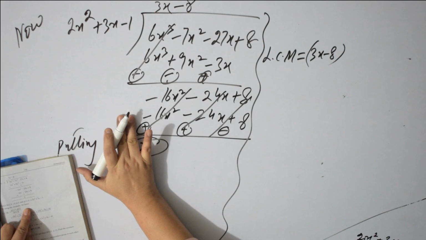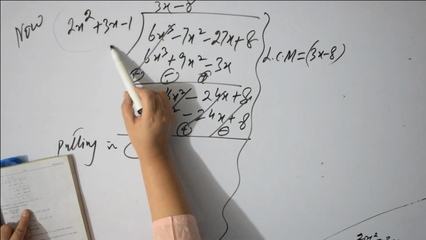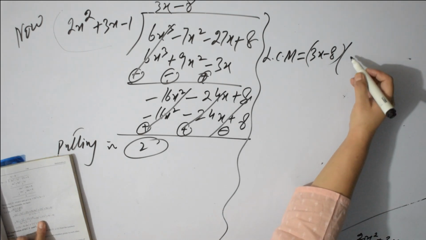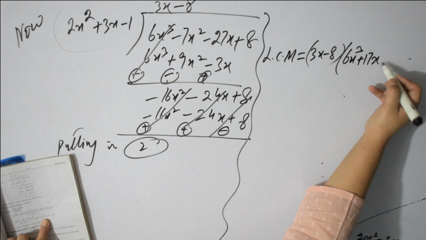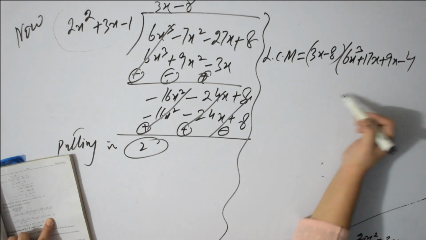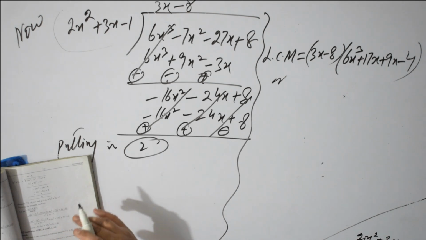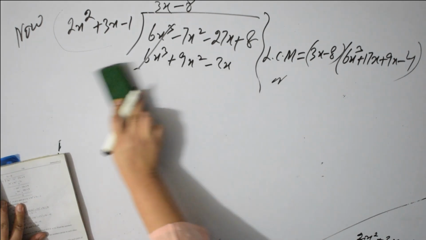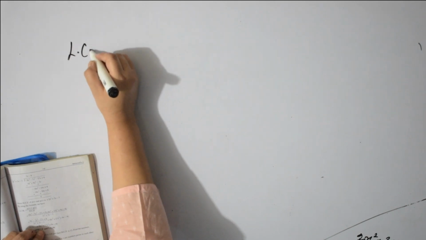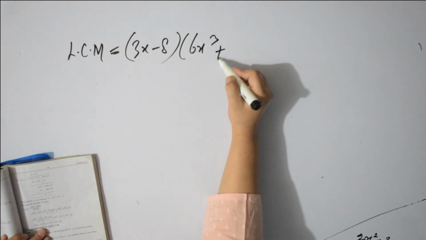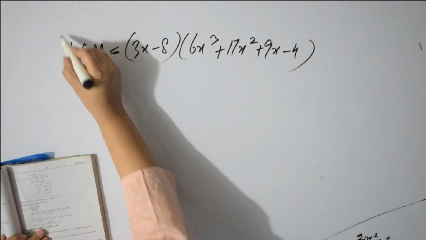Remember students, I am just dividing, I am not finding HCF. In HCF you have this, but in division you have this as a quotient. 3x minus 8 and my other polynomial was 6x cube plus 17x square plus 9x minus 4. Okay, and let me write it a bit over here for you students. So this is my duster. Okay, let's write it again. So LCM is equals to 3x minus 8 into 6x cube plus 17x square plus 9x minus 4.